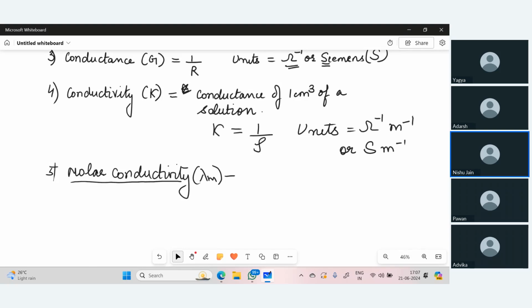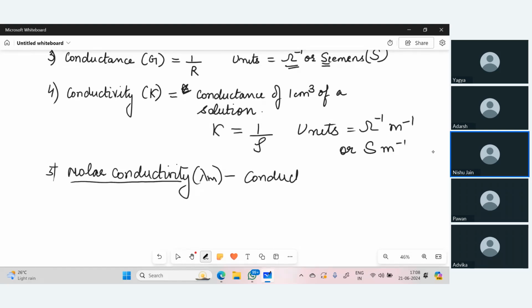Pavan, can you tell me what should be the difference between conductivity and molar conductivity? I don't know, ma'am. Molar means we have specified the mass, 1 mole. Okay, when you dissolve 1 mole of electrolyte in solution, whatever ions produced, their conductivity divided by concentration, by 1 molar. So it is the conductivity of 1 molar of the solution.